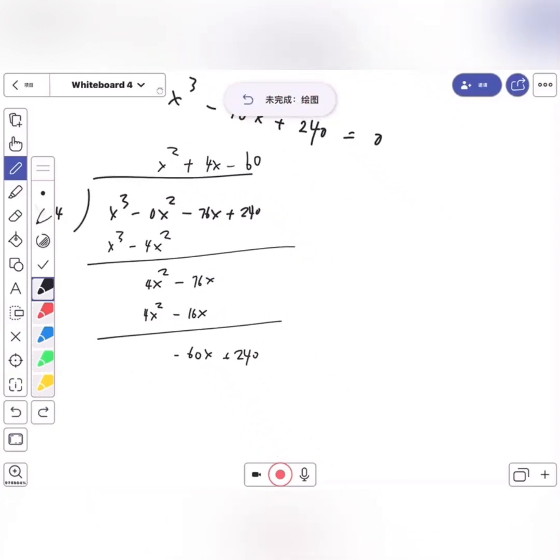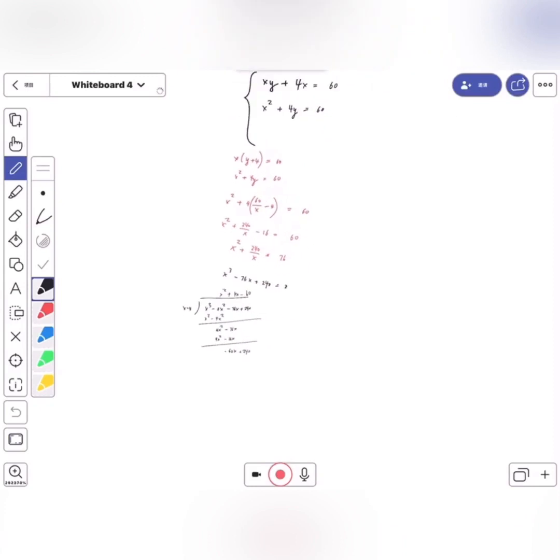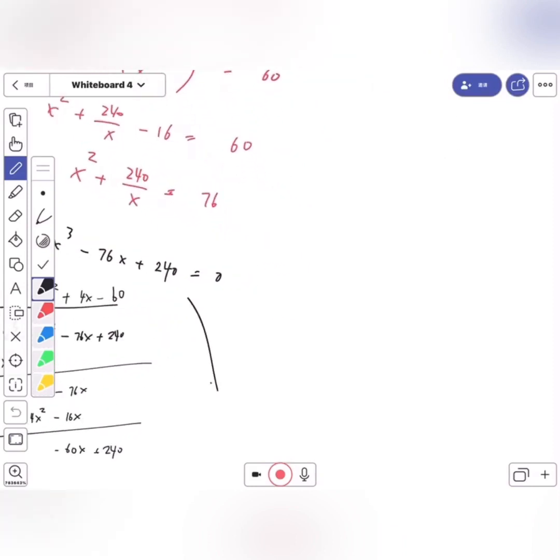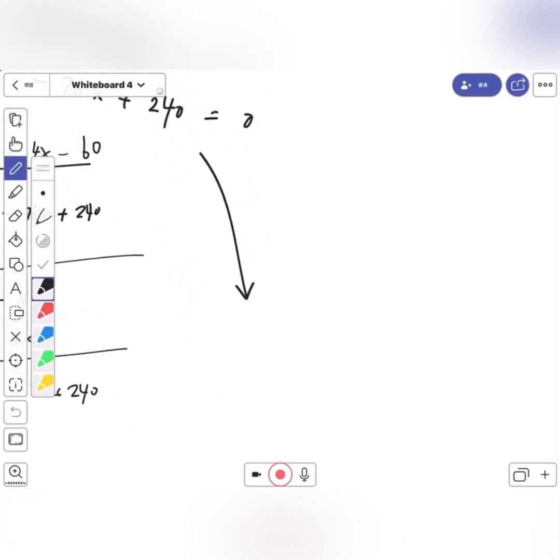Okay, so this one can indeed be factored into x minus 4 times x squared plus 4x minus 60.